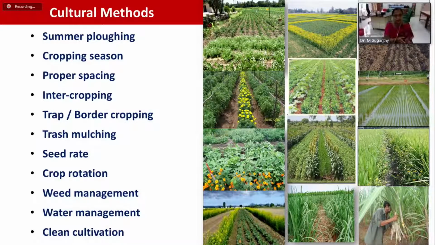So if we plant these intercrops or trap crops along with the main crops, they will attract more insects towards them, and our main crop will be saved. And what is the purpose of border cropping? Border or barrier cropping is growing sorghum, maize or kambu in the border, which will prevent the entry of some of the sucking pests which act as vectors in the ecosystem.